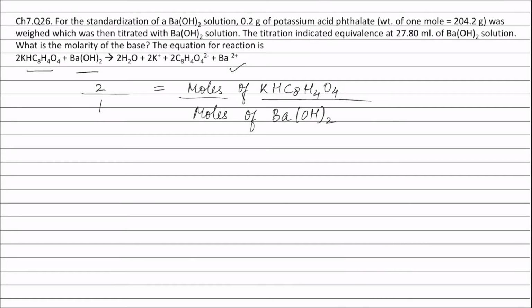Now, moles of potassium acid phthalate is equal to weight of potassium acid phthalate, which is given as 0.2 gram, divided by molecular weight of potassium acid phthalate, which is 204.2 gram.